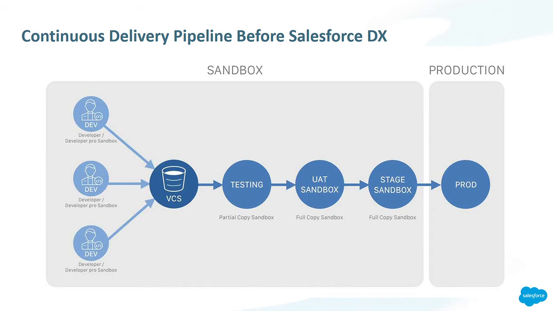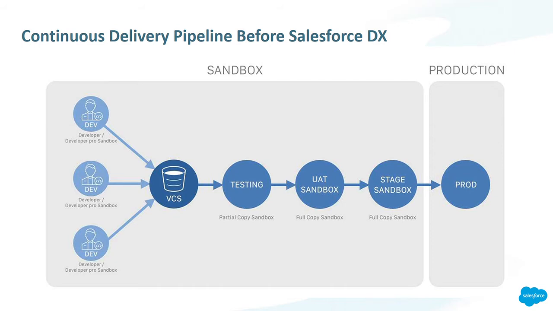Let's talk about a continuous delivery pipeline. Okay. Well, this is an idea, this is an example, okay? It can be totally different for you. So we have developers, a team of developers, each one with their own developer sandbox.